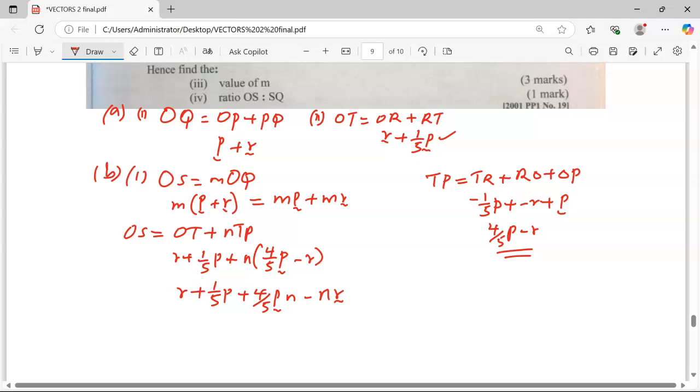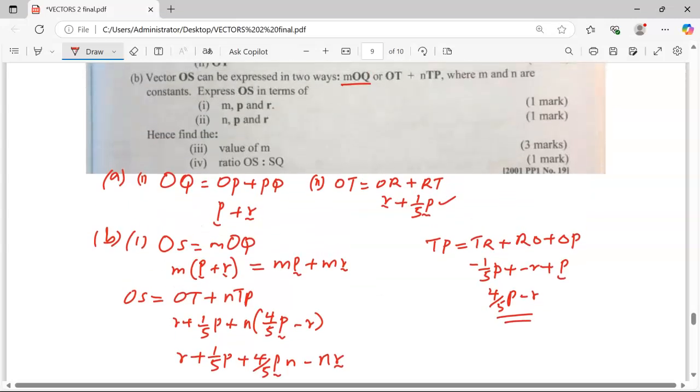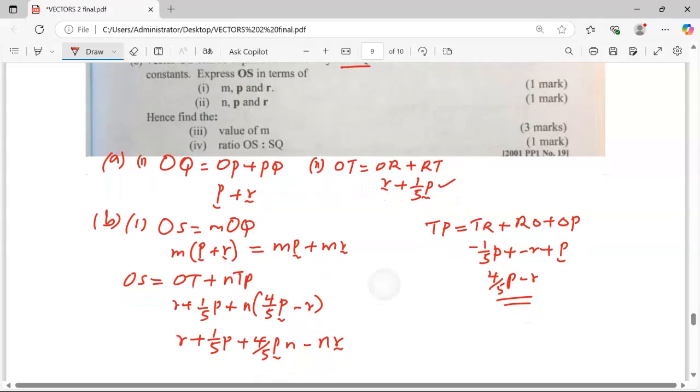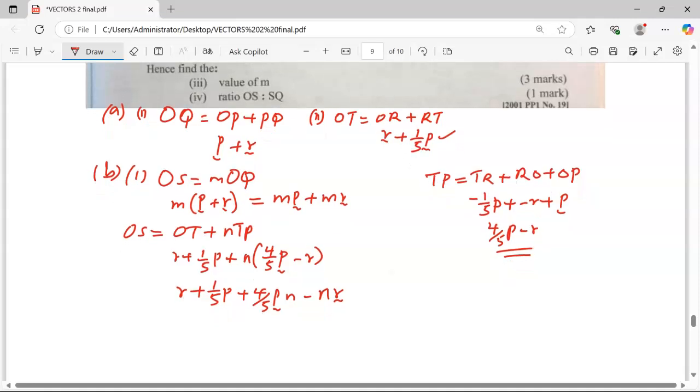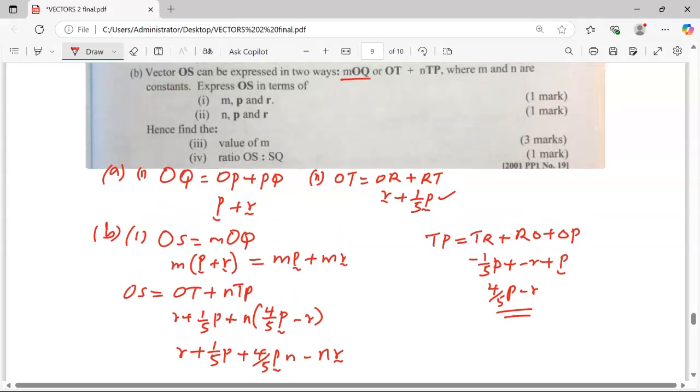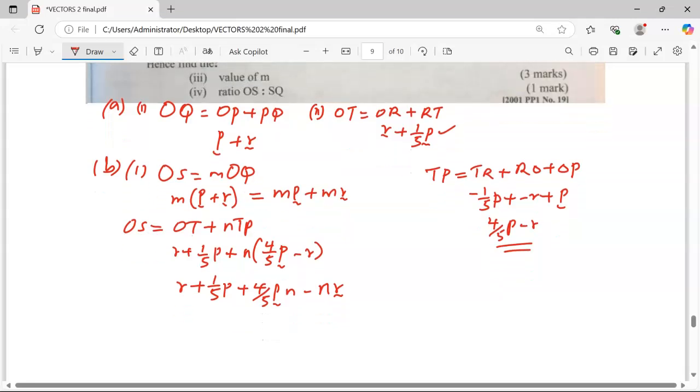So from here now, I think we have expressed OS in terms of M, P and R, and Roman 2 in terms of N, P and R. Before we move to Roman 3, we can now bring together the like terms such that we have R minus NR, then plus 1/5 P plus 4/5 PN.